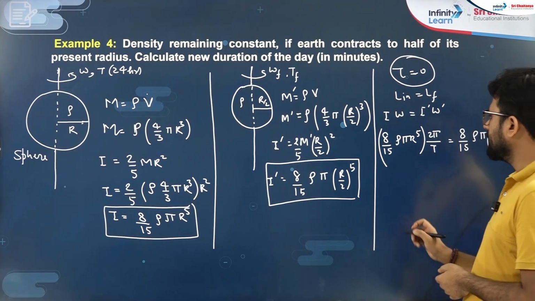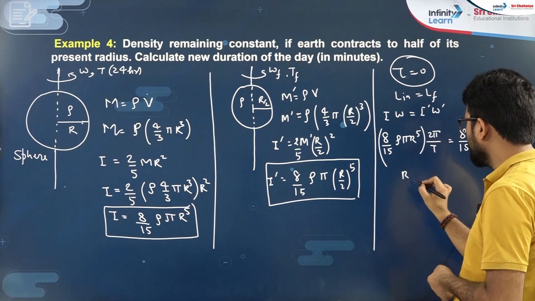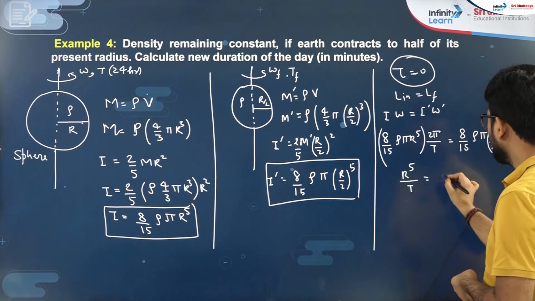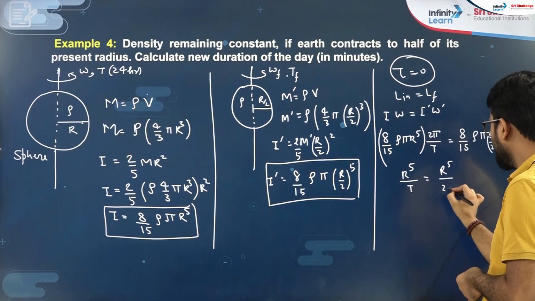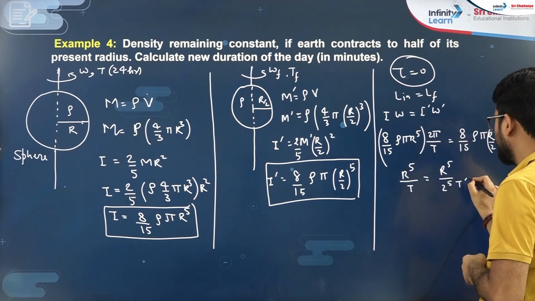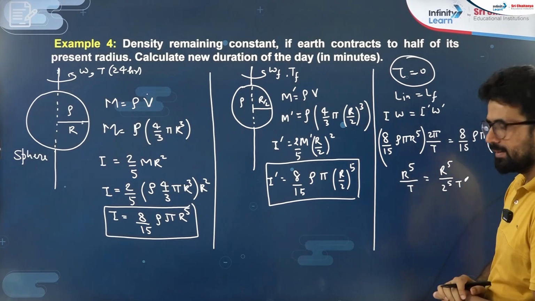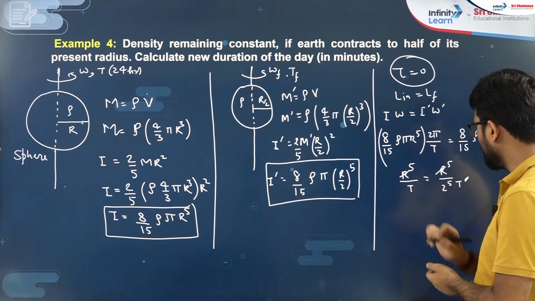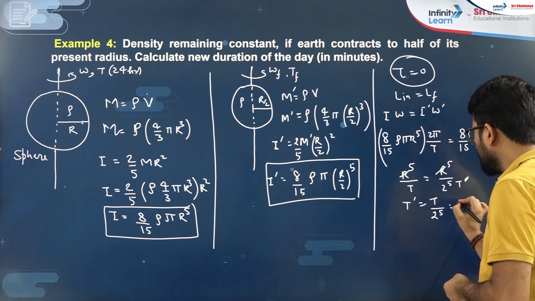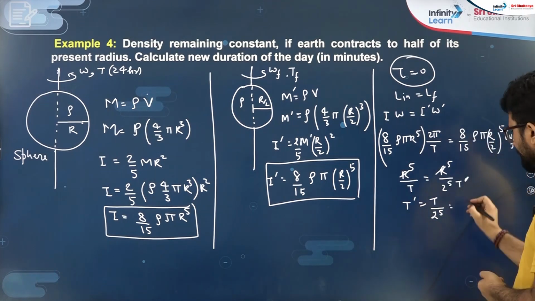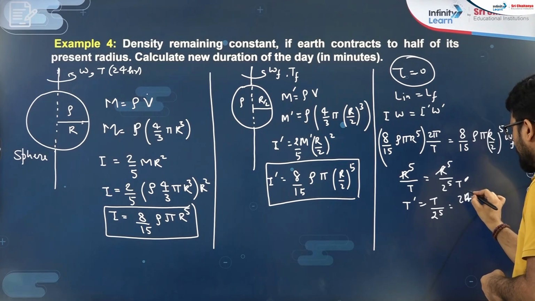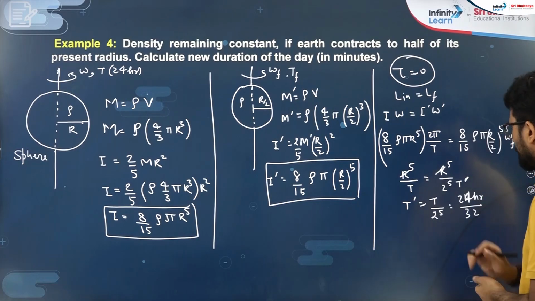From here you can see the constants cancel, so we have r to the power 5 divided by T equal to r to the power 5 divided by 2 to the power 5 into T prime. So r to the power 5 is also gone, that means T prime is nothing else but T divided by 2 to the power 5. 2 to the power 5 means 32, so that is 24 hours divided by 32, in hours.